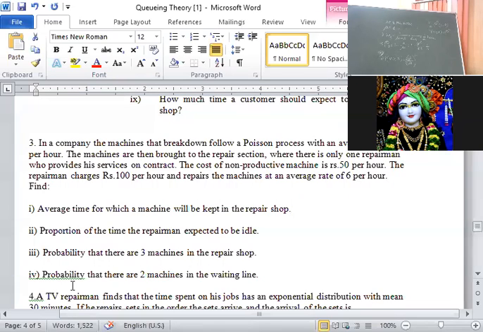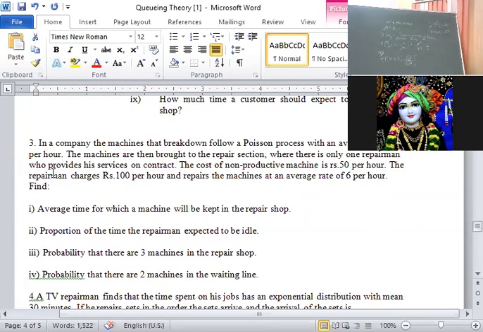Ma'am, how do we distinguish between the machines in the system and in the line? Ashish, your voice is breaking. Can you ask me again, a little bit slowly? Ma'am, how do we distinguish between the repair shop and the waiting line? Okay.